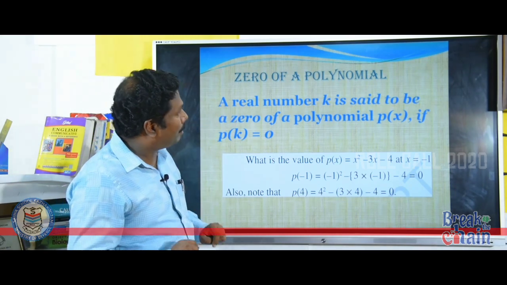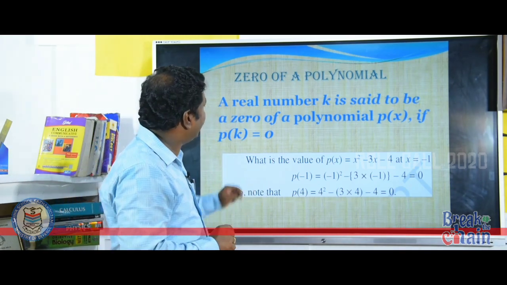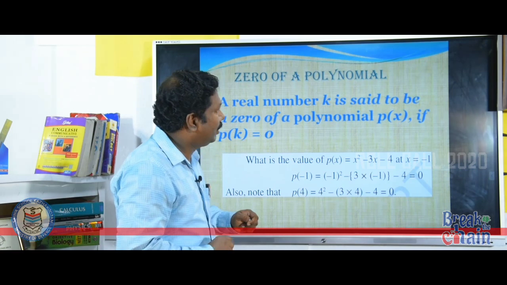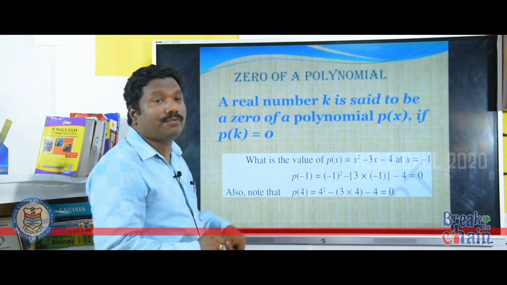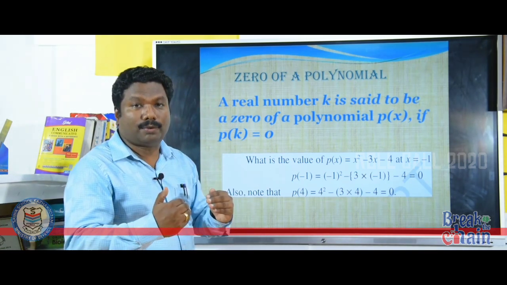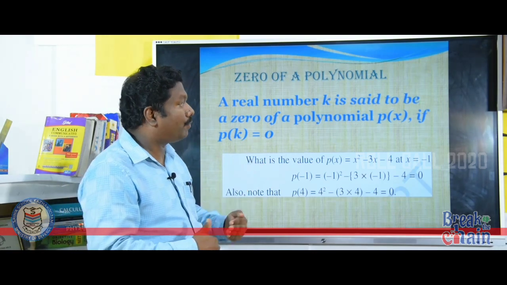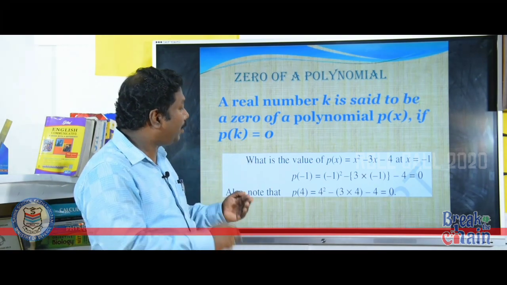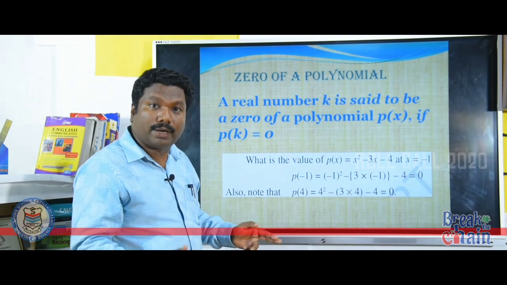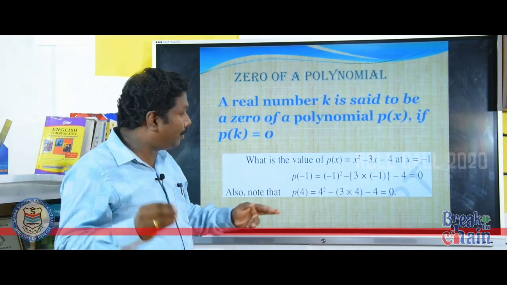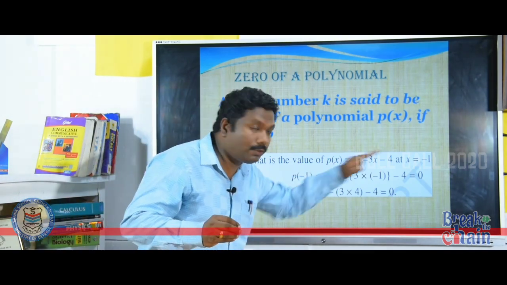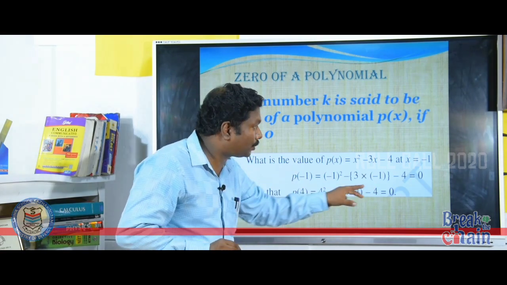Now we can come back to the definition. A real number k is said to be a zero of a polynomial P of x if P of k equal to 0. One polynomial is given, P of x. At what particular point does that polynomial become 0? Here P of minus 1 equal to 0, P of 4 equal to 0.